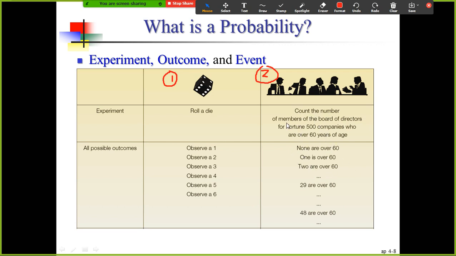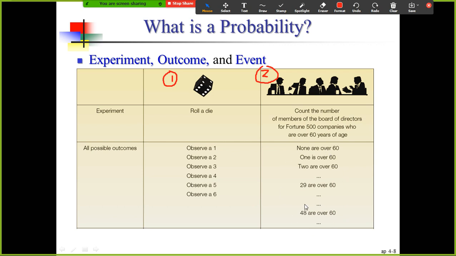Among the members of the board of directors for these companies, maybe none of them are over 60 years of age, or maybe one of them is, or maybe 2, or maybe 29, maybe 100 of them are over 60 years of age. So these are possible.